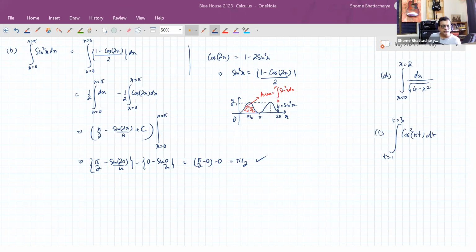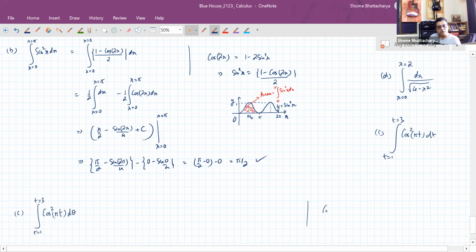Okay, so now I'm working out C and D. We'll use the same trick in this one. We'll use a trick that cos square theta is 1 plus cos 2 theta divided by 2, because cos 2 theta is equal to 2 cos square theta minus 1.